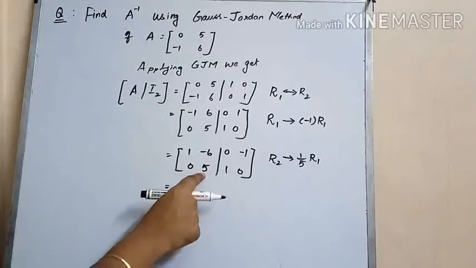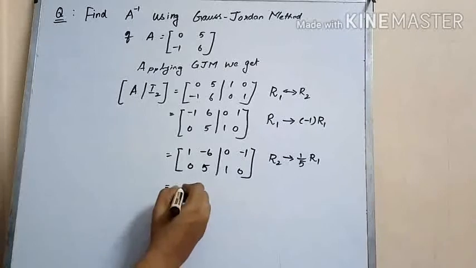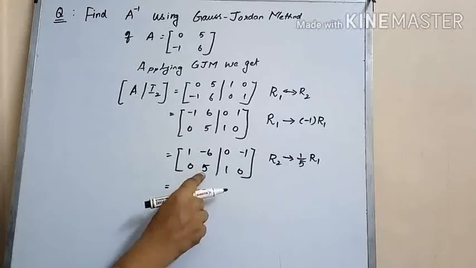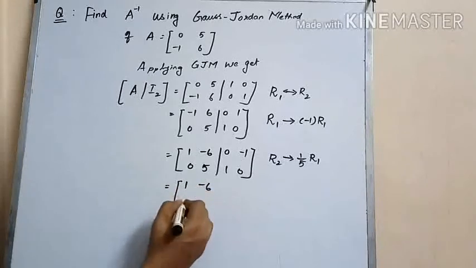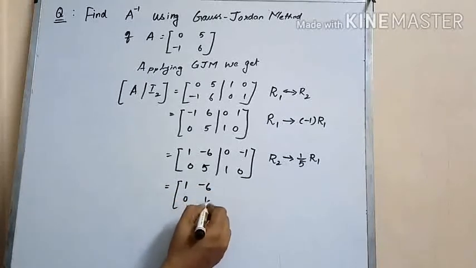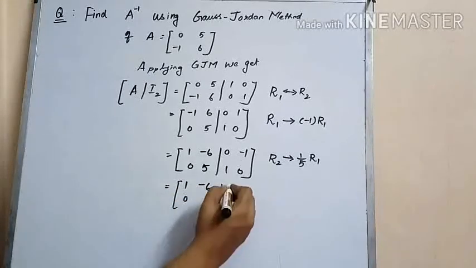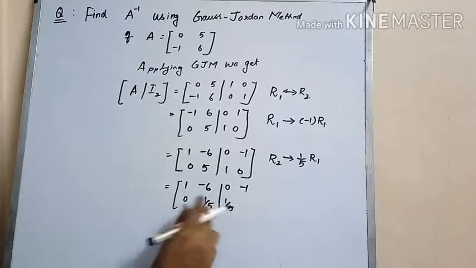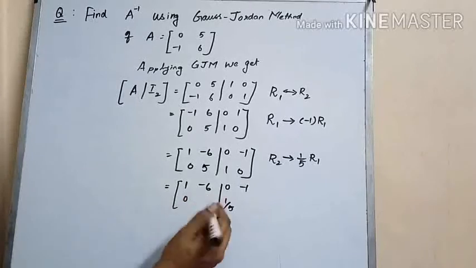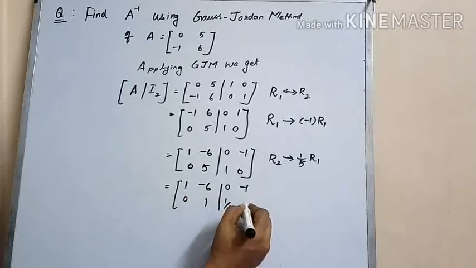Here we divide this row by 5 to make this as 1. So you will get 1, minus 6, 0, 1 | 0, minus 1, 1 by 5, 0. Here 5 by 5 will give you 1.